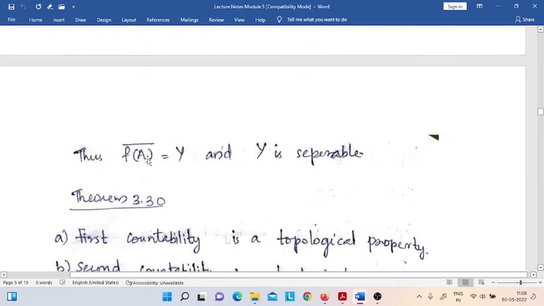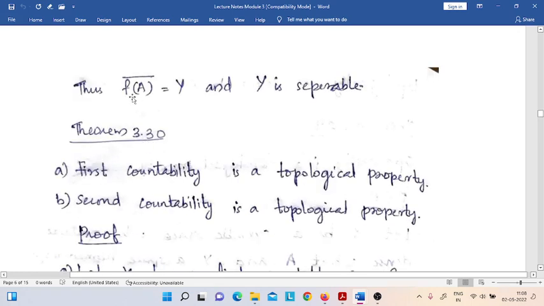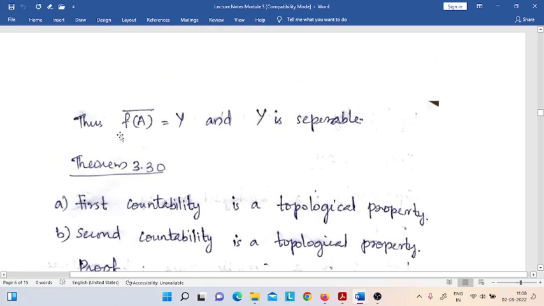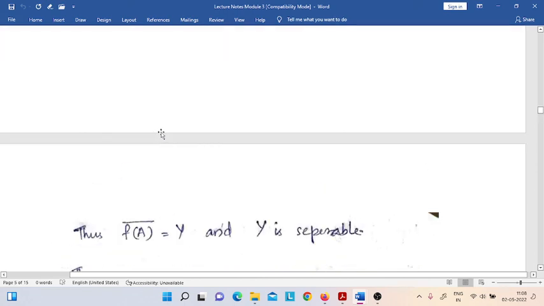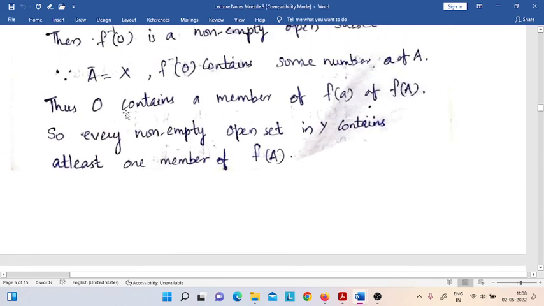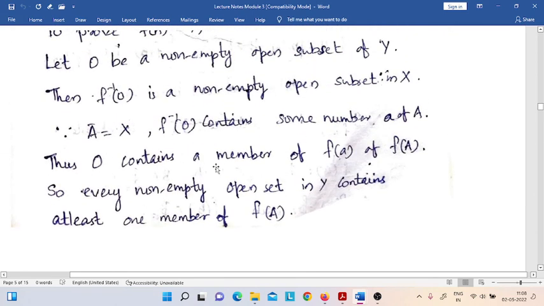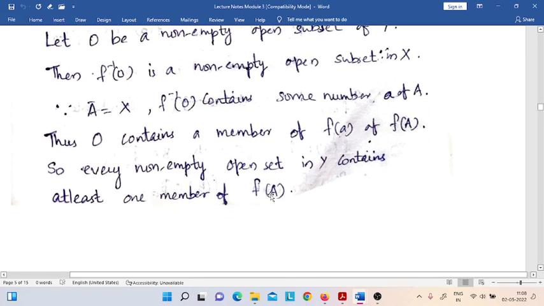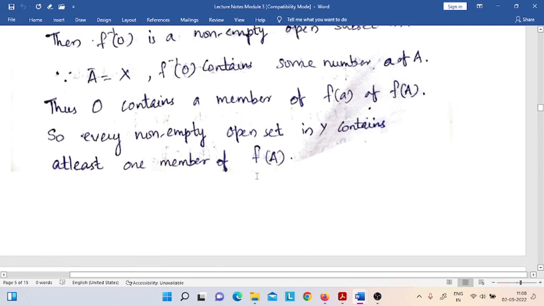You can express it mathematically by writing F of closure of A equal to Y. The reason is that O contains a member F of a, which is also a member of F of capital A, so every non-empty open subset of Y contains at least one member of F of A. We have already proved that F of A is a countable subset, and now it is dense also.